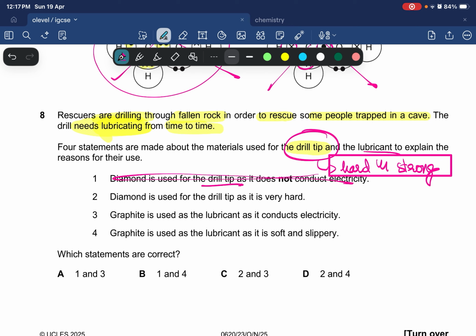For the drill tip, we only care that it's hard and strong. Diamond is used for the drill tip as it's very hard. Yes. Graphite is used as lubricant as it conducts electricity. No, electricity conduction is not the purpose of drilling. The purpose is that it should be hard, and the lubricant we use so that it's slippery. It's soft and slippery, yeah. We need it to slip so that it lubricates. 2 and 4.